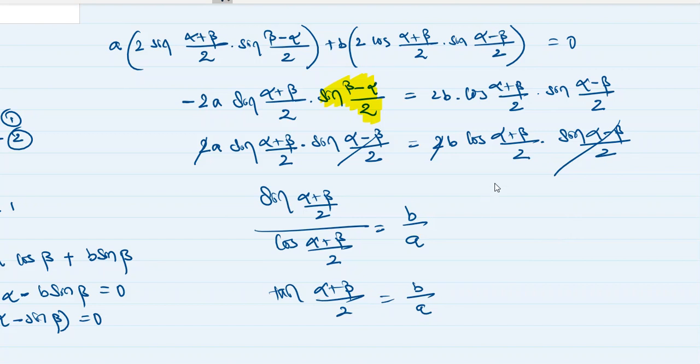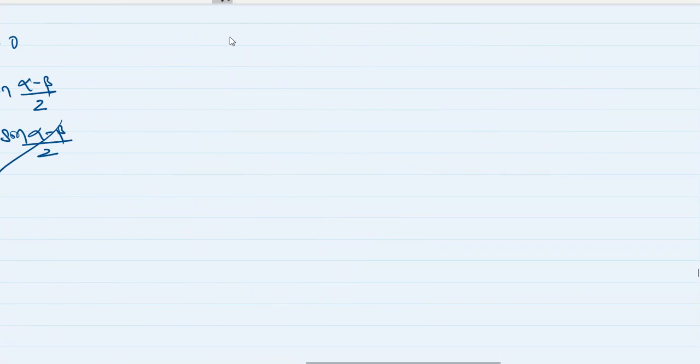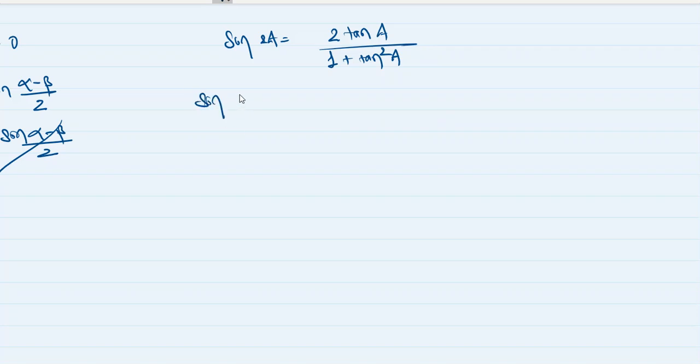Now, if you remember, there is a formula, a double angle formula actually. Sin 2A is equal to 2 tan A upon 1 plus tan square A. Right? So can you tell me what will be the value of sin?